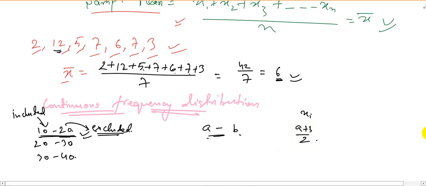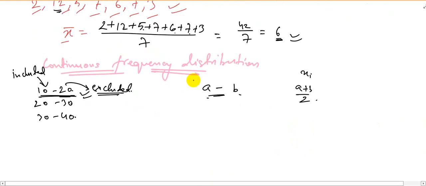We'll use this point while finding the mean of the continuous frequency distribution. So let us suppose there are some classes like 10 to 20, let us take 3 classes only, 20 to 30 and 30 to 40, right?